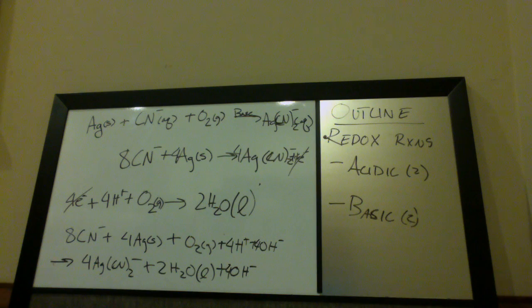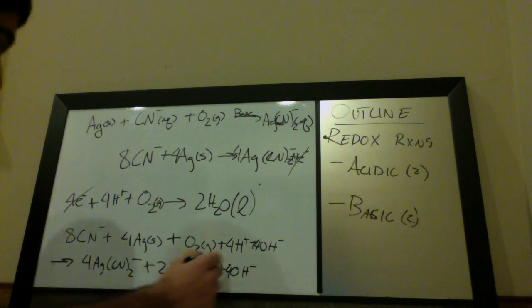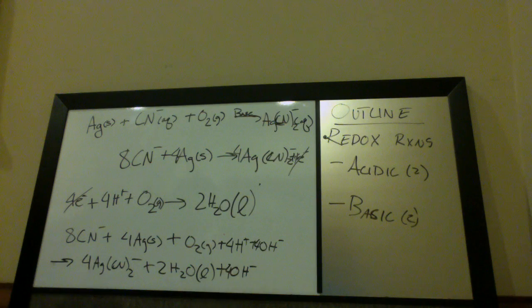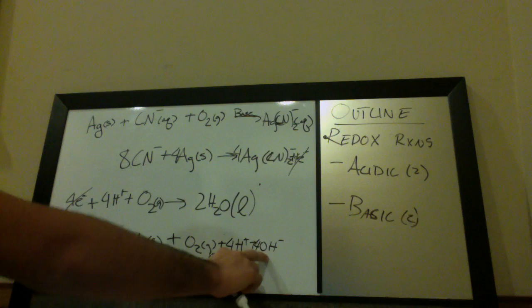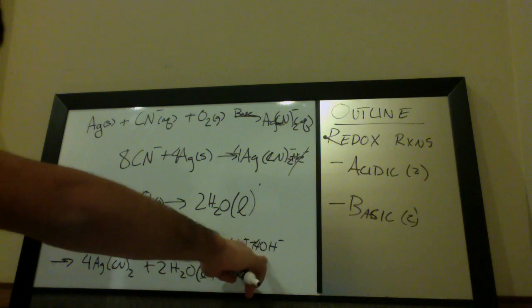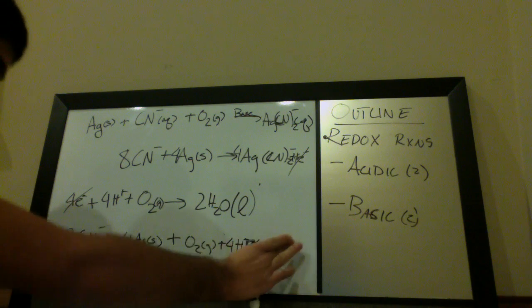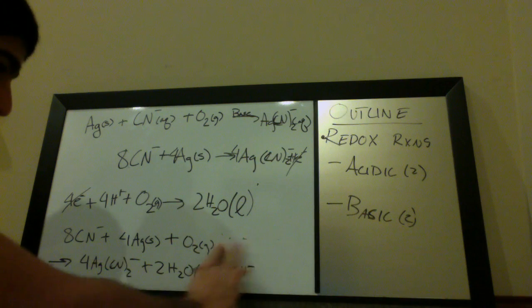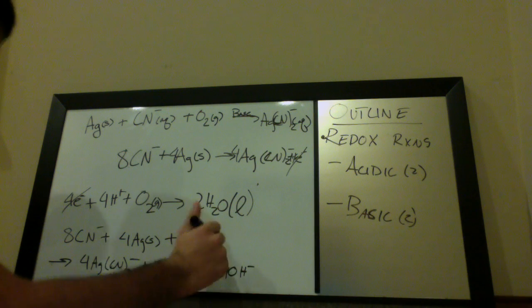And we have to change this reaction now, because since I added the 4 hydroxides here, now I have 4 water molecules. So this has changed. See, this gets really complex, guys.